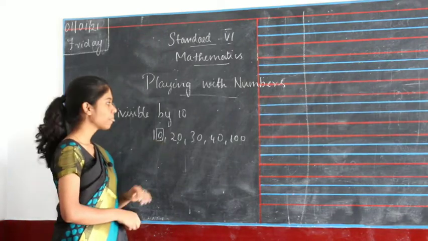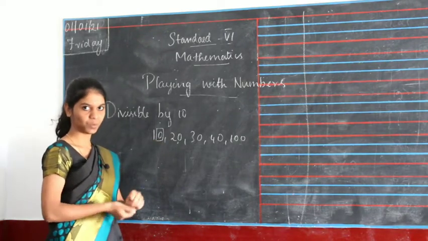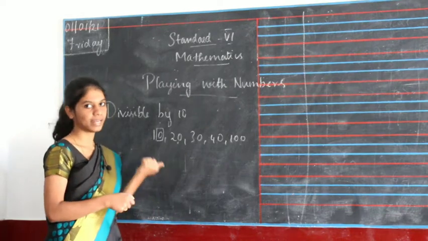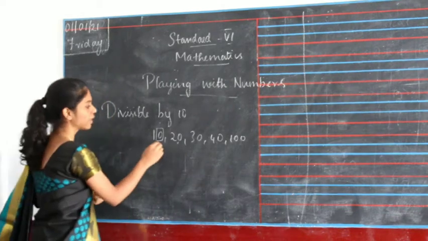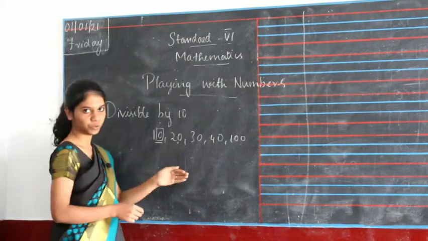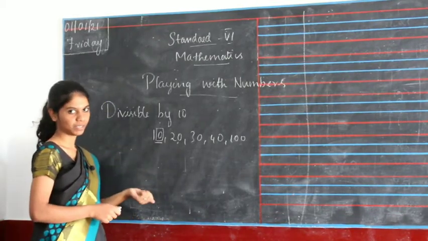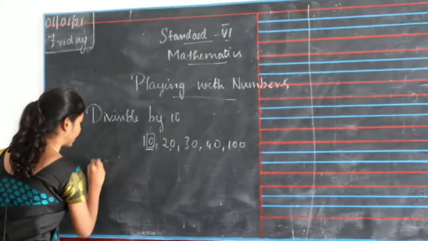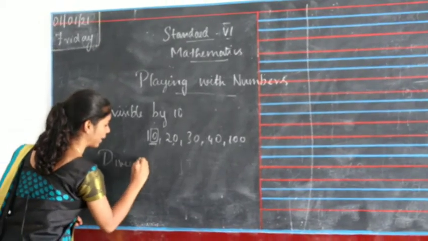So it is really easy to find whether a number is divisible by 10 or not. If it has 0 in the unit place, then it is divided by 10.